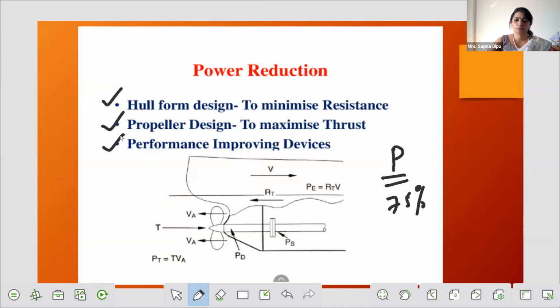These performance improving devices we can use for existing ships also. Whenever a ship is coming for dry docking, people can go for these. We call these EIDs, energy improving devices. We can add them to the vessel, and thereby reduce the fuel consumption, and thereby carbon dioxide emission. So now let us see how each one works.